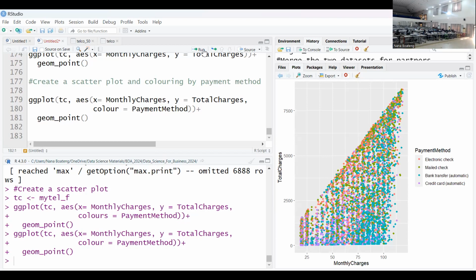This looks a bit nicer than the first one. We're giving a data point color for each payment method, and it's also giving us the legend of each payment method. Are you all getting the same thing? Yes. You are happy.